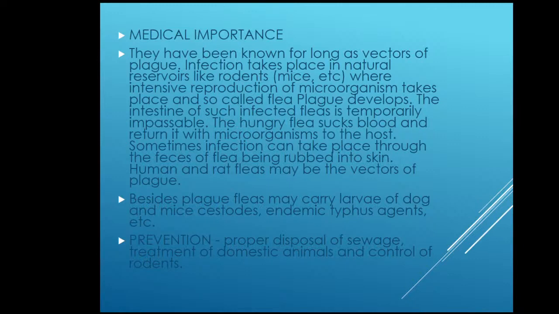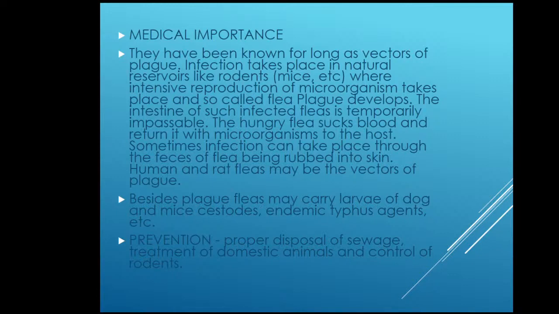When the flea sucks the blood of infected rodents, the intestine of this flea temporarily becomes blocked. So when the hungry flea sucks the blood of people, this blood is returned with microorganisms of plague into the wound.